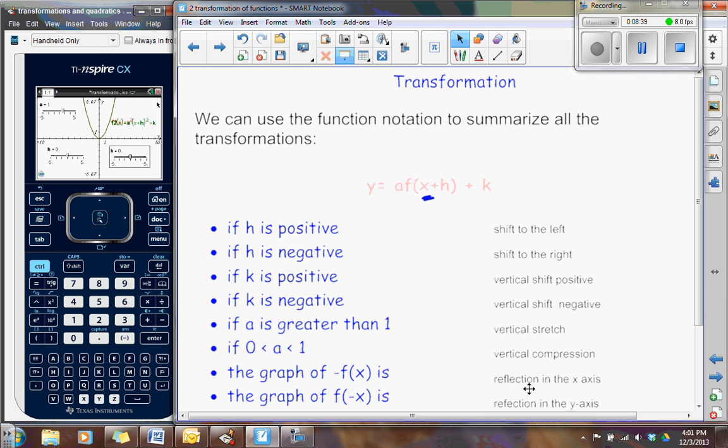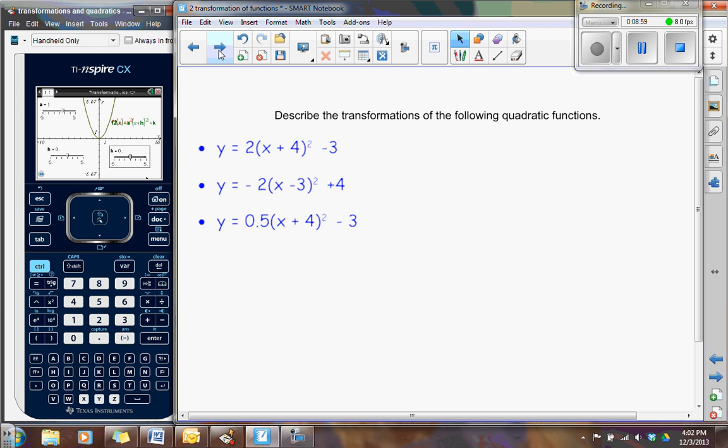We will talk more about those two specifically in the future, but for now you should really get out of this that if a is negative, it's going to flip that parabola upside down. We're going to have a downward opening parabola. The graph of f of -x we'll definitely look at more in the future. That's just a brief introduction to it right now.